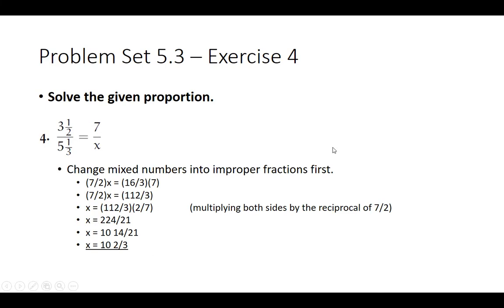Number 4, now we have mixed numbers inside of our proportion. We have to change our mixed numbers into improper fractions first. So 3 1/2, 2 times 3 is 6, plus 1 is 7. 3 1/2 is 7 halves.